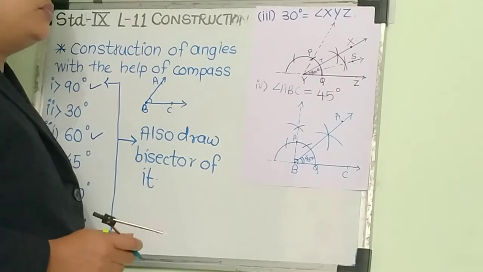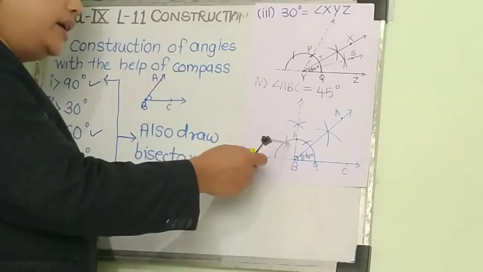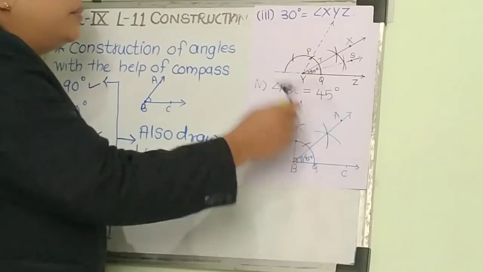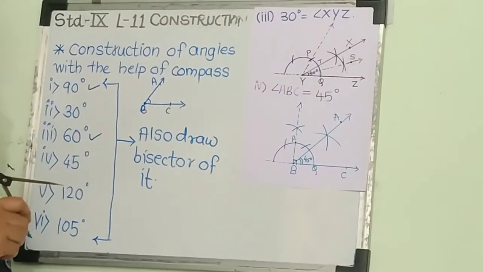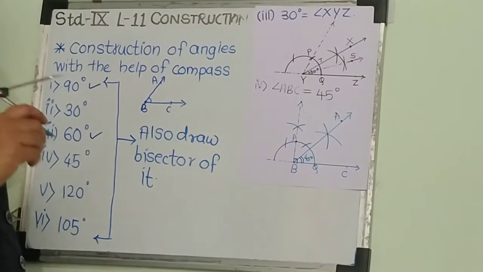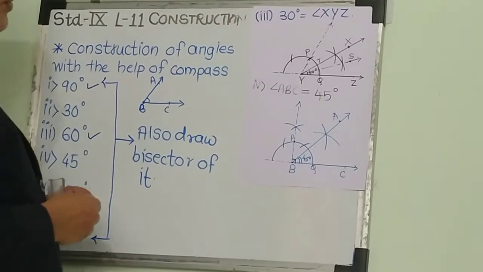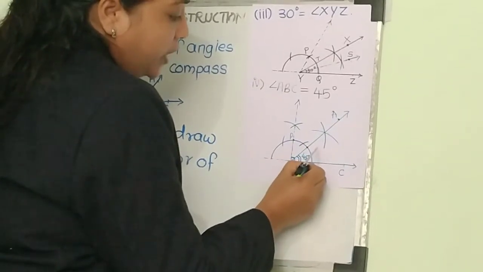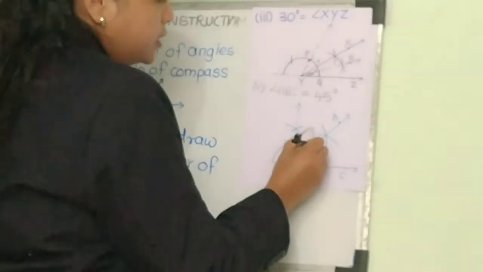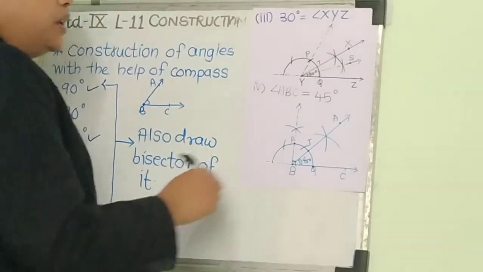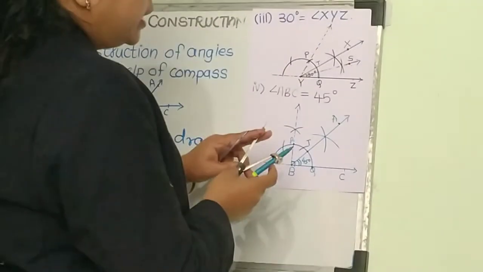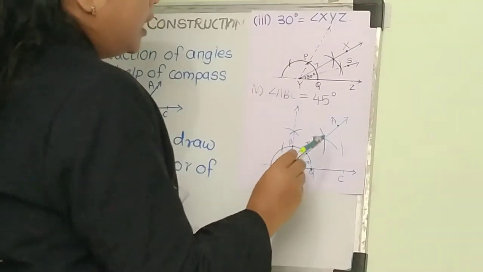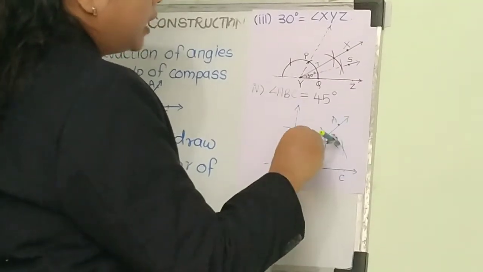Understood? For the 45 degree, first we have to draw the 90 degree and draw the bisector of 90 degree, we get 45 degree angle. Now we have to bisect it. It means what we are going to do now? See here, point on 45 degree, here is Q, here suppose I will write T. So from T and Q we have to take some distance in our compass, and from T point we draw one arc, and from point Q we draw one arc.